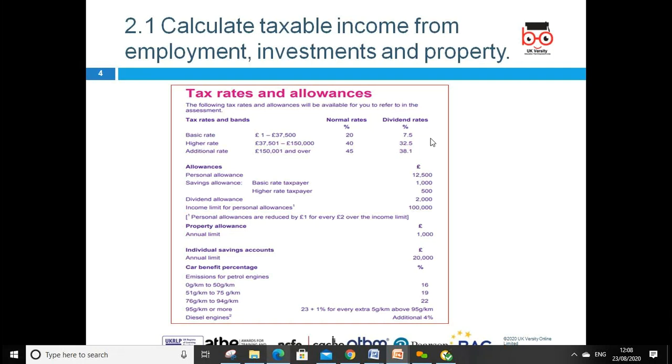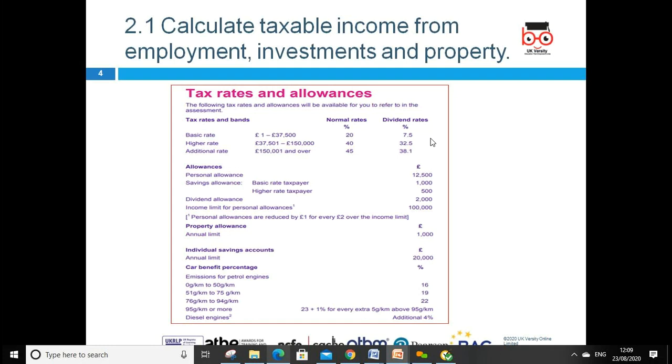The limit is increased every year, so it's always good to look around at the tax rates. The basic rate up to 37,500 is 20%. If you earn more than that, your tax will be 40%: anything more than 37,500, even £1, will have 40 pence tax applied. The additional rate will be 45% if you earn more than 150,000.